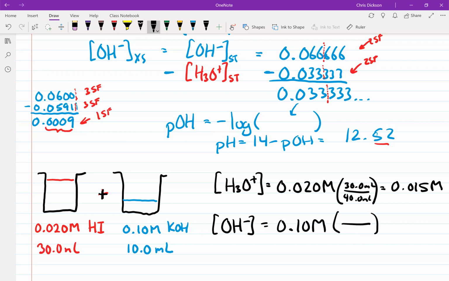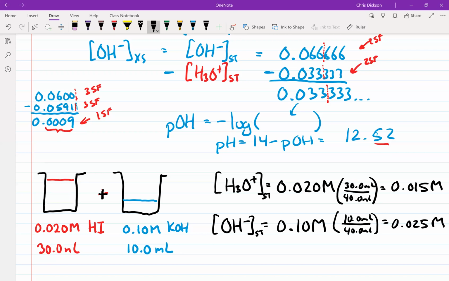Our initial volume is 10 mL, divided by a total volume of 40 mL. So we go 0.1 multiplied by 1 divided by 4, and so we're getting 0.025 molar, okay?